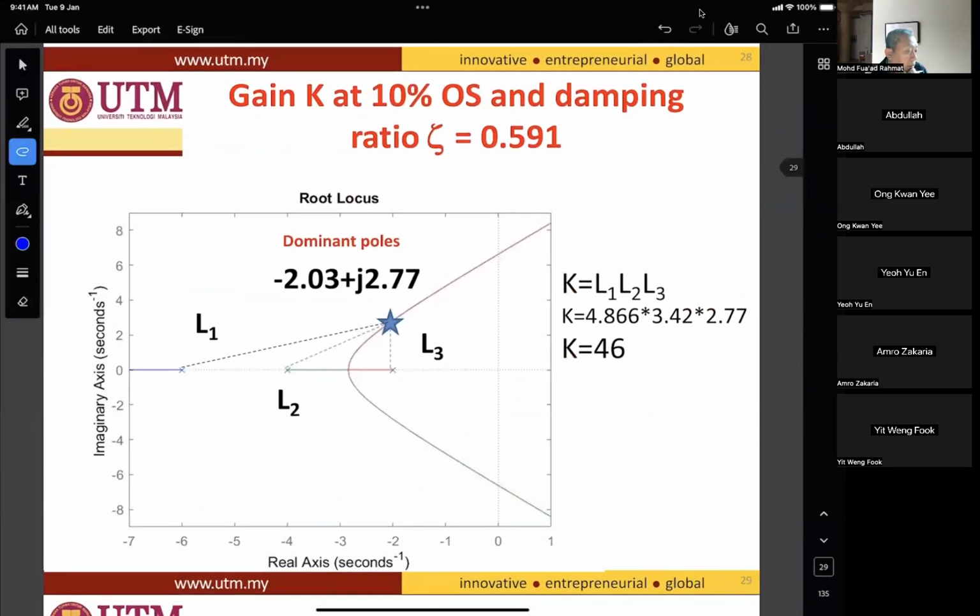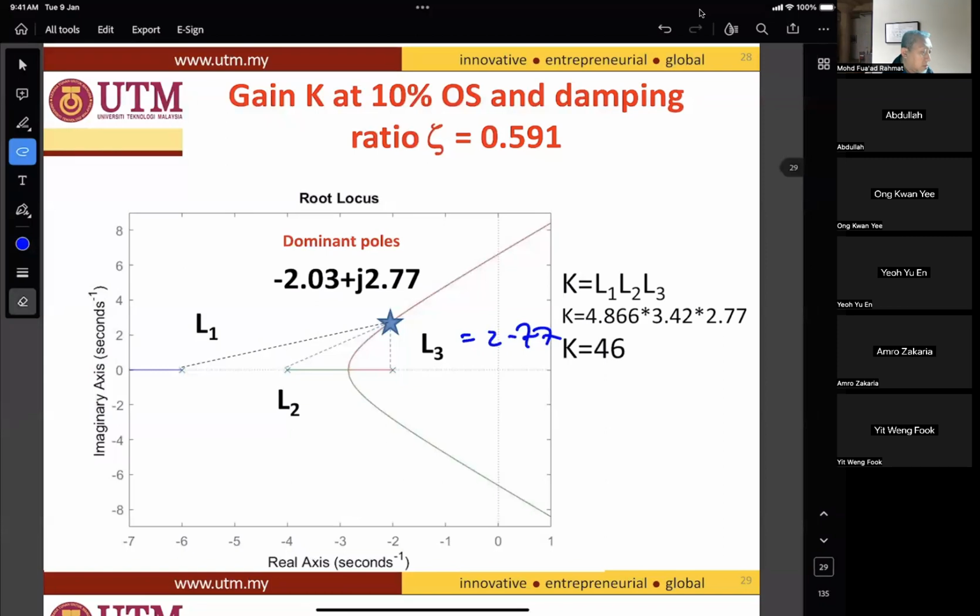Right. Another way to calculate the gain is by using L1, L2, and L3, the lengths. This length you get from the Pythagoras theorem. For example, L3 is automatically 2.77 because it's a 90 degrees.